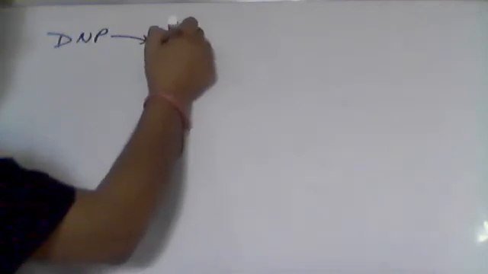So see here, I will just start with DNP, dinitrophenylhydrazine, used for the distinction of carbonyl compounds from non-carbonyl compounds. Then we move to the Tollens reagent. Tollens reagent is ammoniacal silver nitrate solution, used to react only with aldehydes.